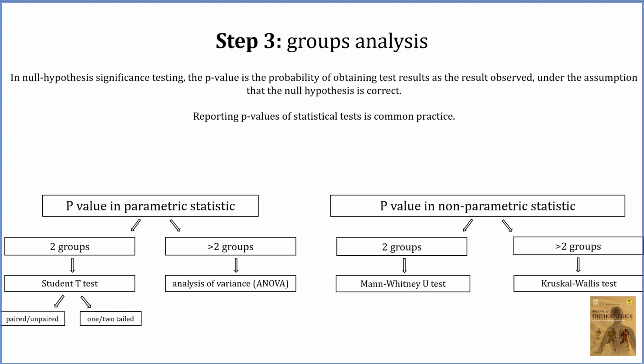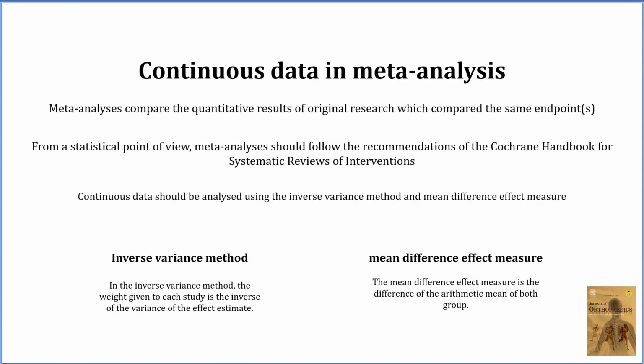In non-parametric statistics, to compare two groups we use the Mann-Whitney test, or if more than two groups, we use the Kruskal-Wallis test. Now we are checking the analysis of continuous data in meta-analysis. Meta-analysis compares the quantitative results of head-to-head comparison research.